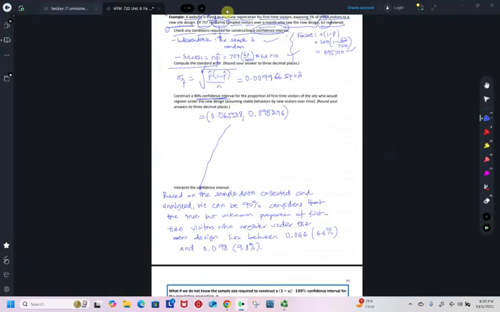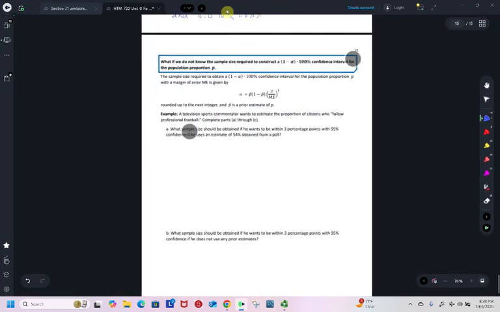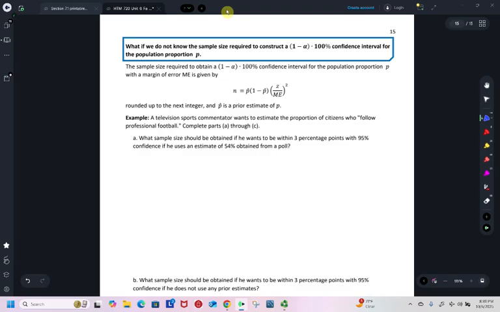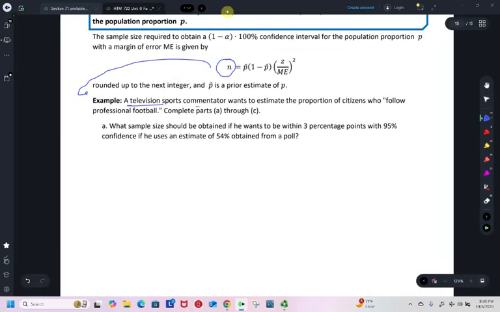All right, with that said, let us look at a slightly different concept. Sometimes when we want to estimate an unknown population parameter, we do not know what size sample we should select. Take for instance, a television sports commentator who wants to estimate the proportion of citizens who follow professional football.